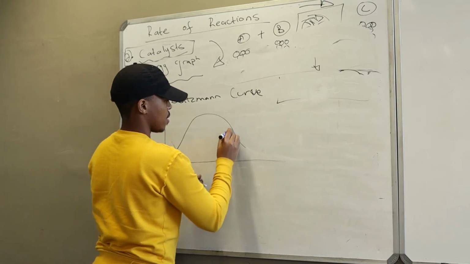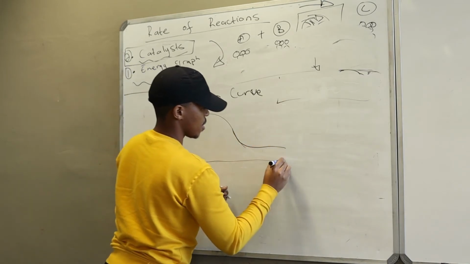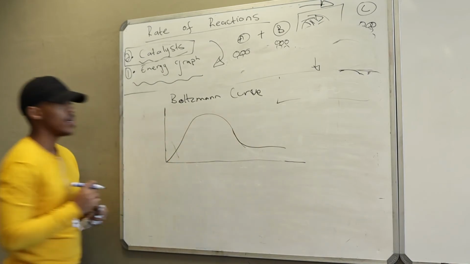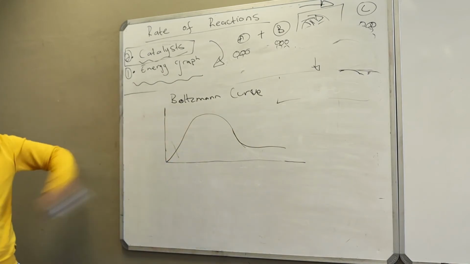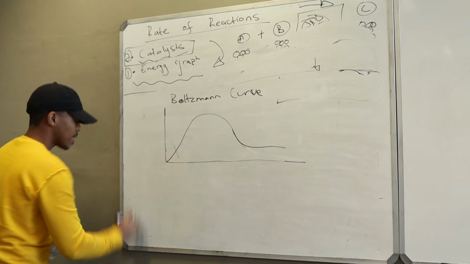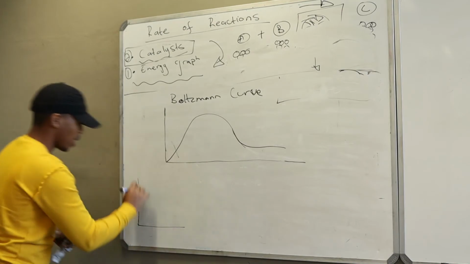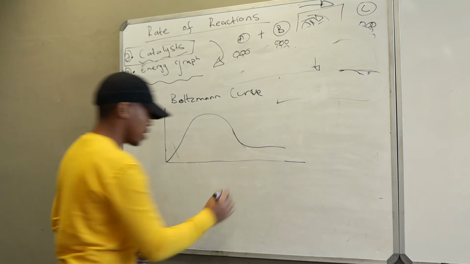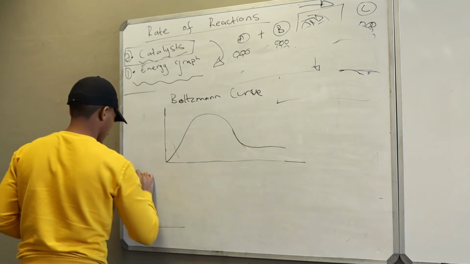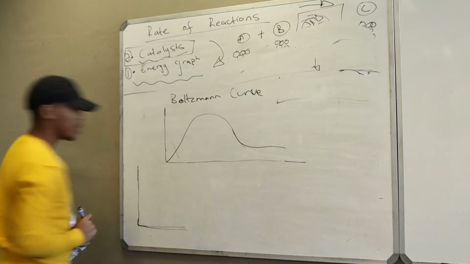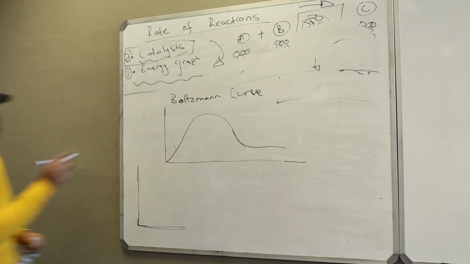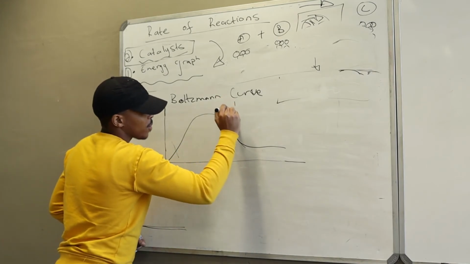We're going to have a Boltzmann curve over there. And then we're going to have the potential energy curves, that's what I call them. You can call them the enthalpy curves, you can call it whatever. Let's have an enthalpy curve over there.